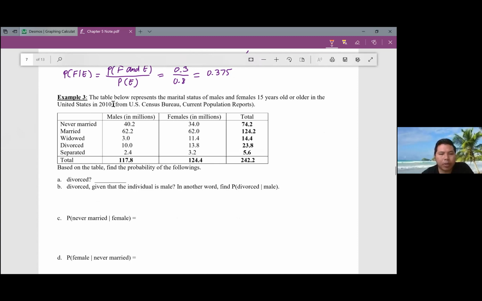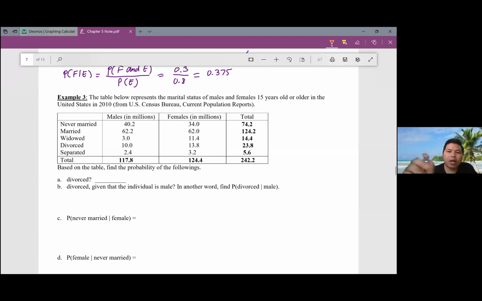The columns present the male, the female, and here's the total, and the rows present different categories: never married, married, widowed, and divorced and separated, and so on. So based on the table, find the following probabilities. Now, what is the probability of divorce?